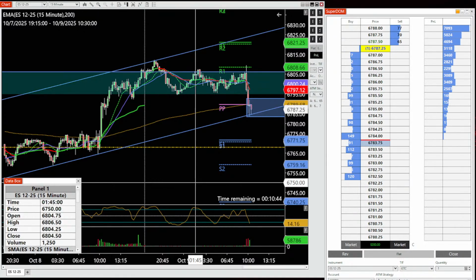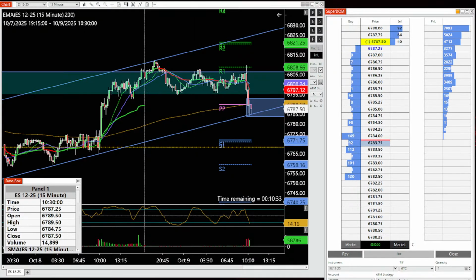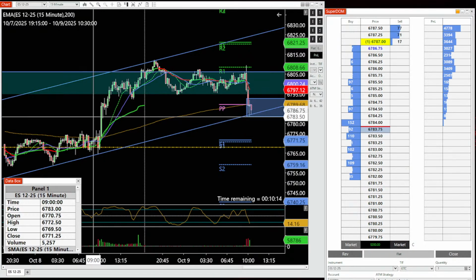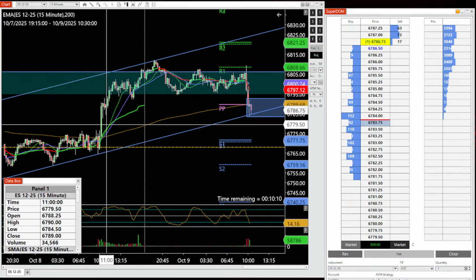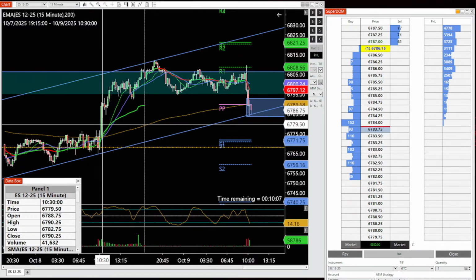Be careful with the shorts. We got these levels here, 84, and then we got 82.75.